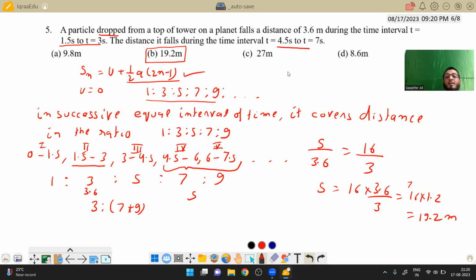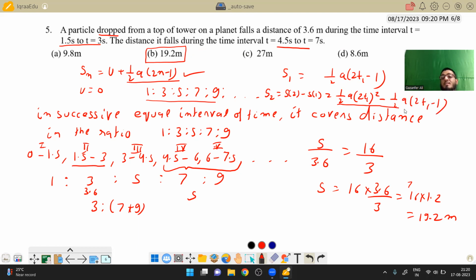You can check it. Distance traveled in the first interval will be half a (2t1) minus 1. Now, distance traveled in the second interval will be s2 minus s1, which will be half a twice of t1 square minus half a twice of t1 minus 1.